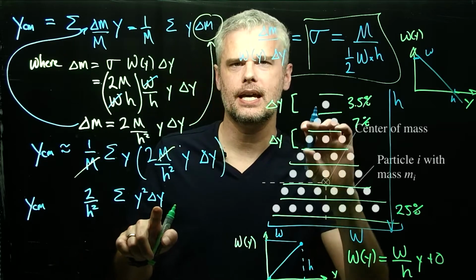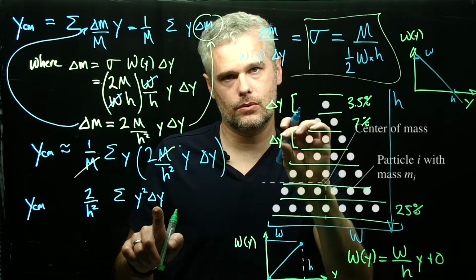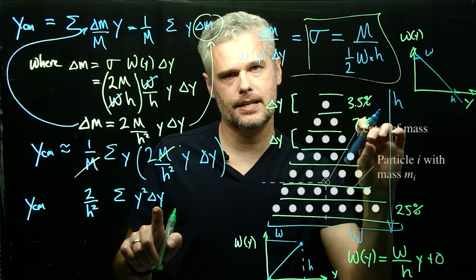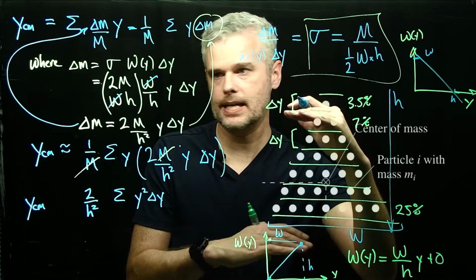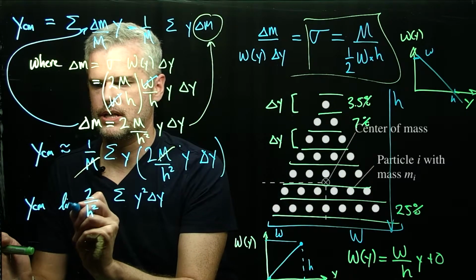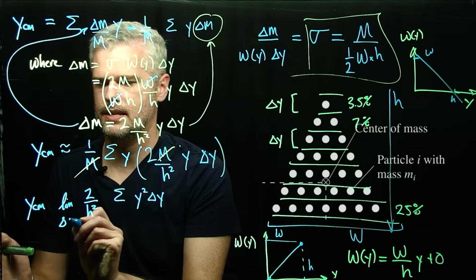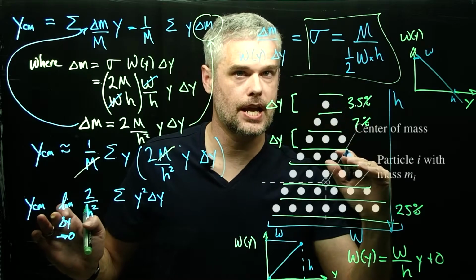Now, if I make these slices thinner, each slice will have less mass, but I'm still going to be adding more slices. So if I were to consider the limit that the slice width goes to 0, that can't change my center of mass.